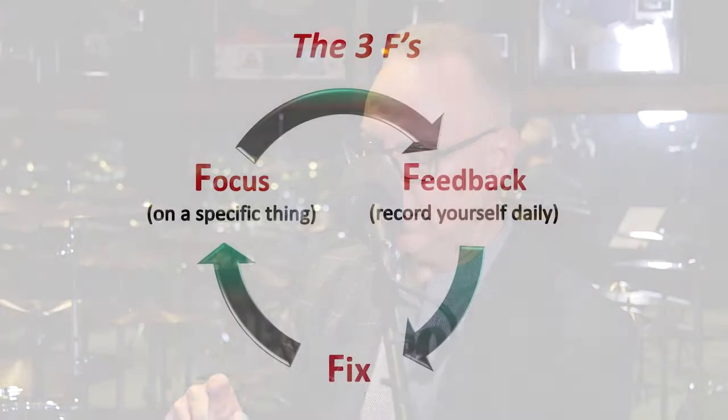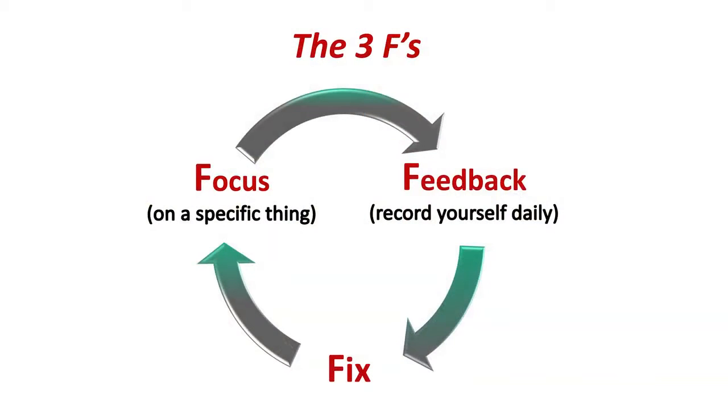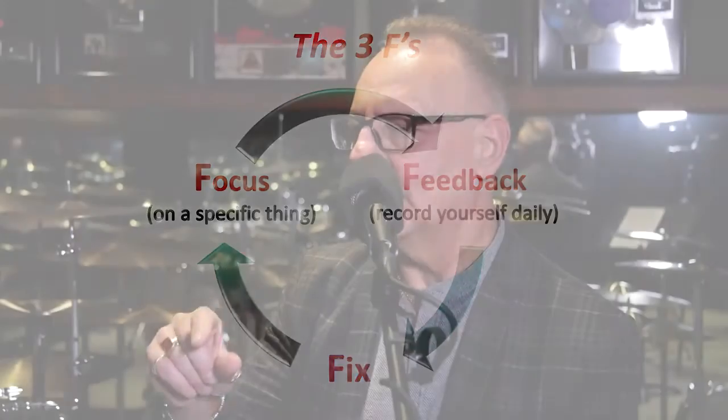The other tool that you need to use is a feedback loop, which is recording. And it's 3 parts. It's focus, feedback, and fix, the 3 Fs. So focus says, I want to play this groove and have it sound this way, or I want to play this cascara pattern in my right hand with left foot clave, and I want to match that up.